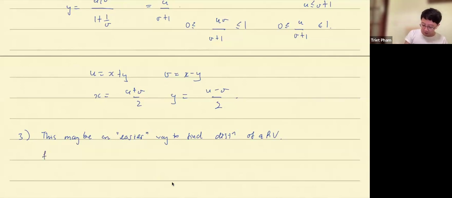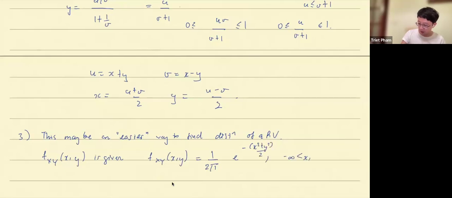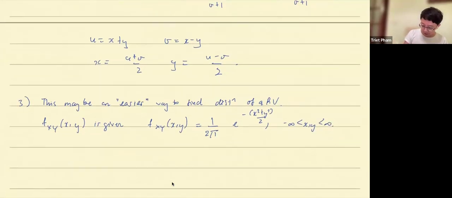So for example, if you have x and y given, let's say it's independent standard normal. All right. And then you're asked to find the density or distribution of, let's say, u equals the square root of x squared plus y squared.